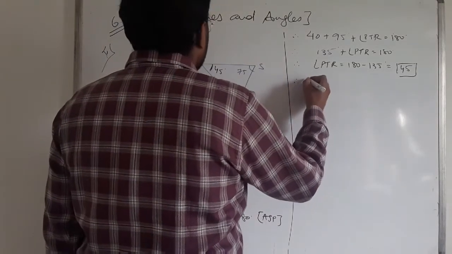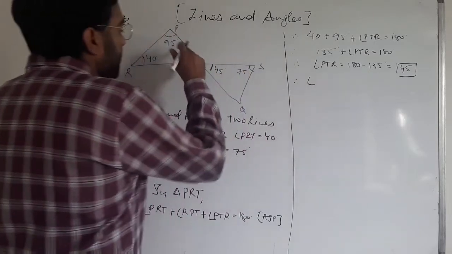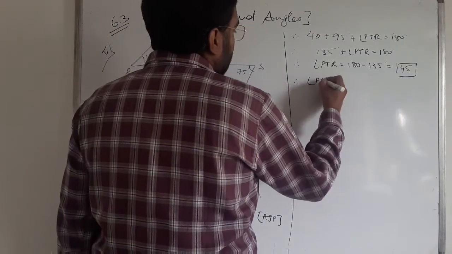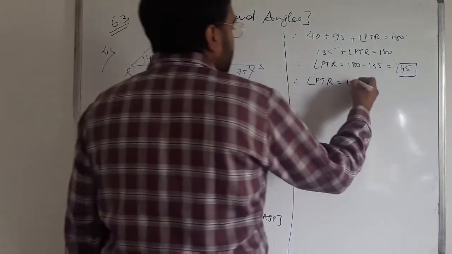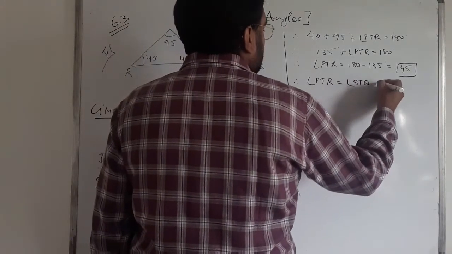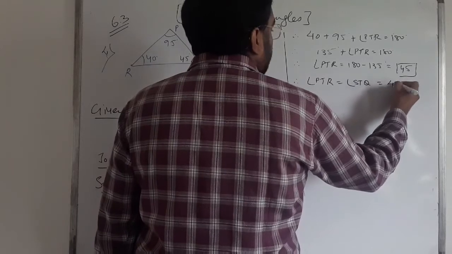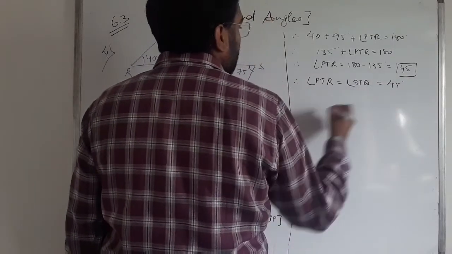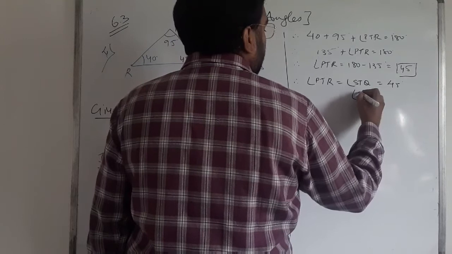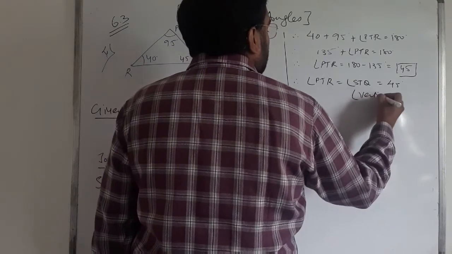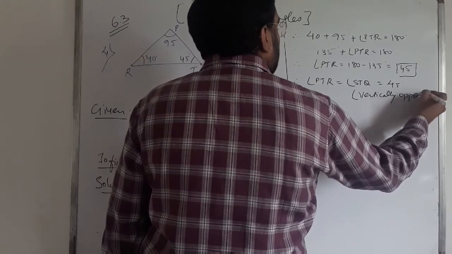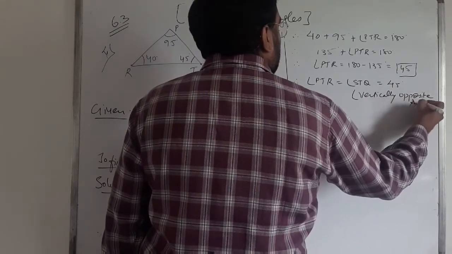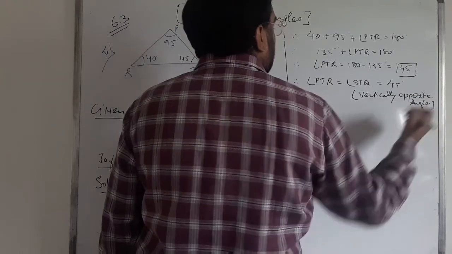So therefore angle PTR is equal to STQ is equal to 45 degrees, and we have to write it as vertically opposite angles.